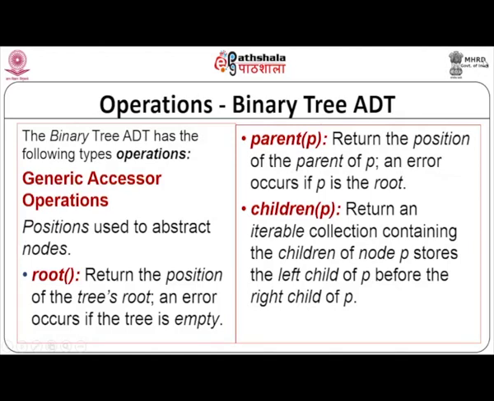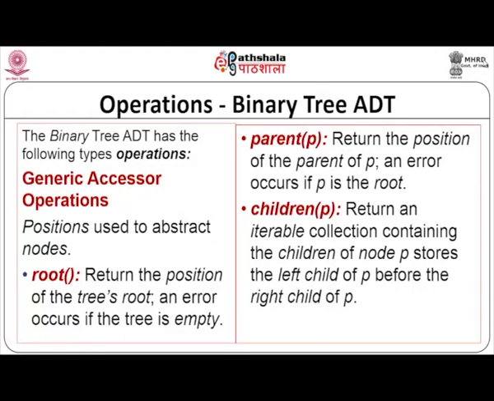Now, let us look at the operations on binary trees. The binary tree ADT has the following types of operations. Again, we are going to talk about generic accessor operations. Positions are used to abstract nodes. Root returns the position of the tree's root node, and an error occurs if the tree is empty. Parent of P returns the position of the parent of P, and an error will occur if P is the root.